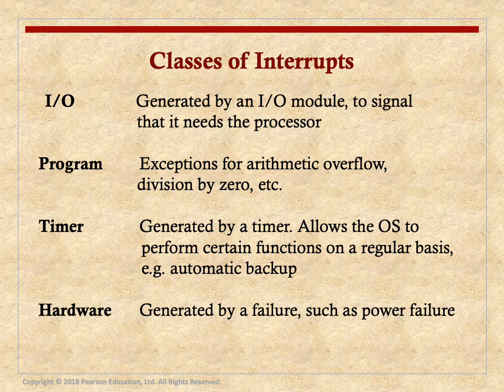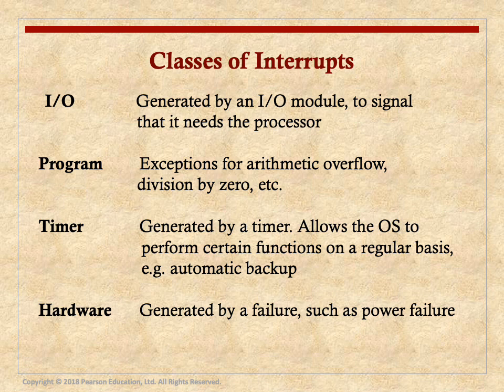Besides input and output interrupts, there also exist further classes of interrupts. There exist program interrupts that are related to exception handling in software programs, for instance the handling of arithmetic overflow or division by zero.